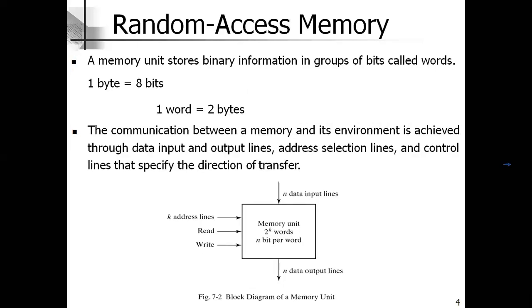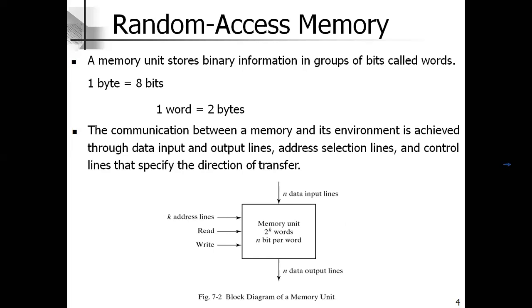The first concept is random access memory. So what is the random access memory? I already told you random access memory is nothing but it performs both read operation and write operation.